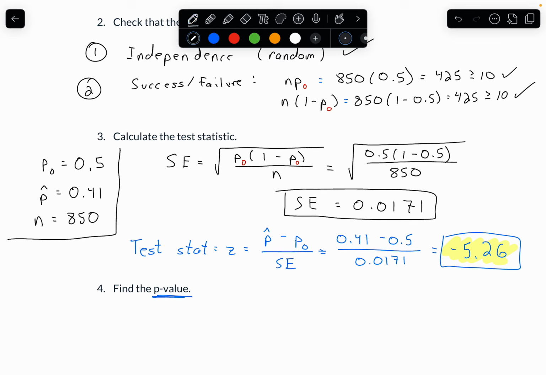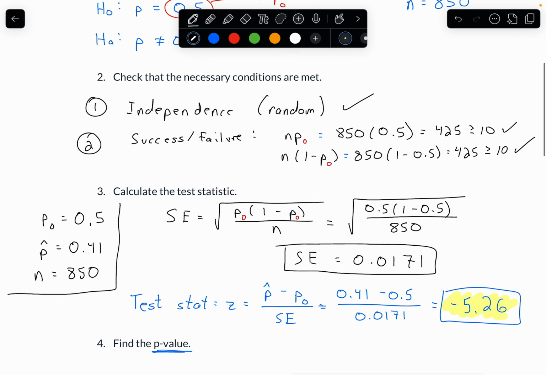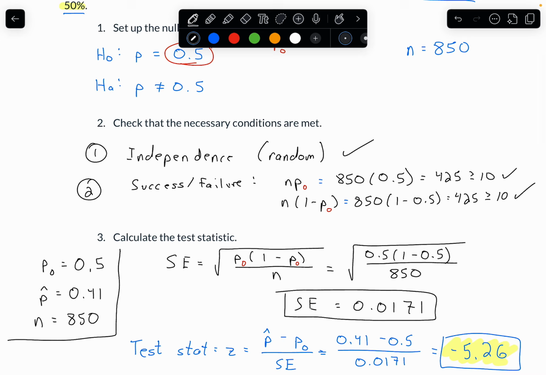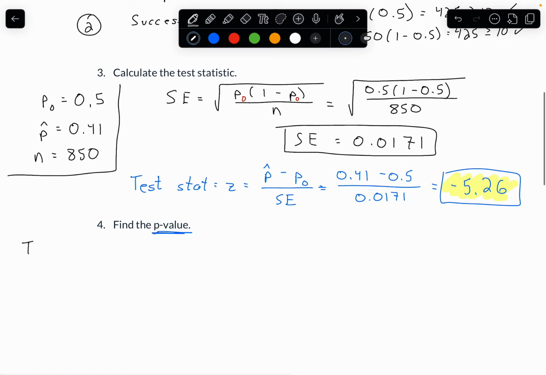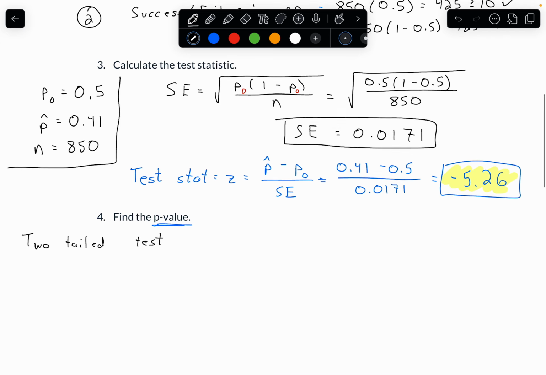And in order to do that, I need to look back at what type of test we were doing. So if I scroll all the way back to step 1, we said we were doing a two-tailed test, from our alternative hypothesis. This matters a great deal. So we're doing a two-tailed test. And this matters because, what do we know at this point?